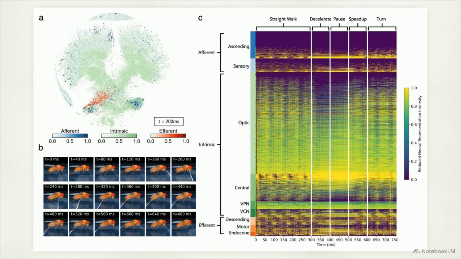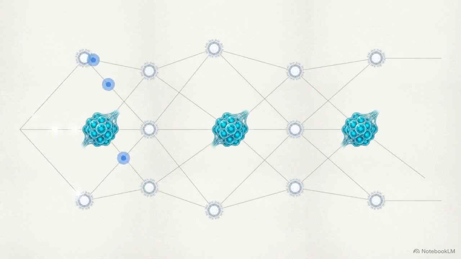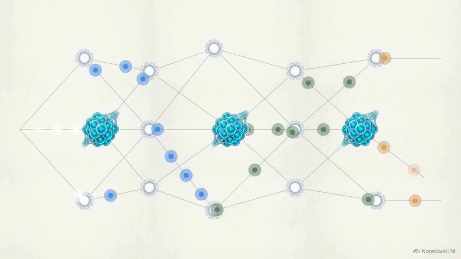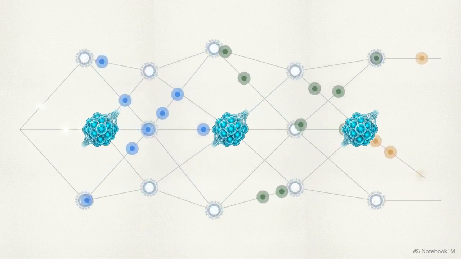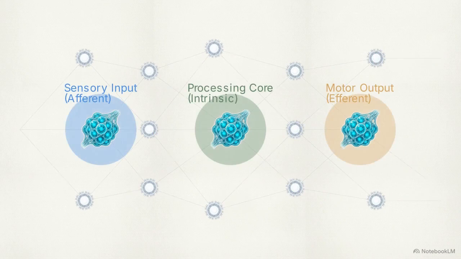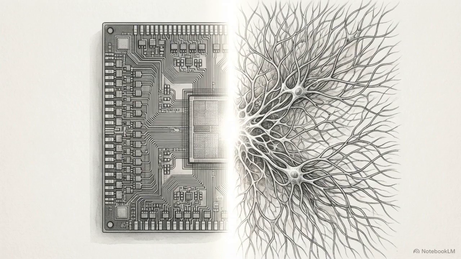As the timeline crosses boundaries, from walking to pausing to turning, the clusters of functional segregation clearly shift in response. This distinct functional clustering and phase shifting occurs completely naturally. It is a sole consequence of the graph's structural constraints determining the flow of information, rather than any programmed behavioral rules.